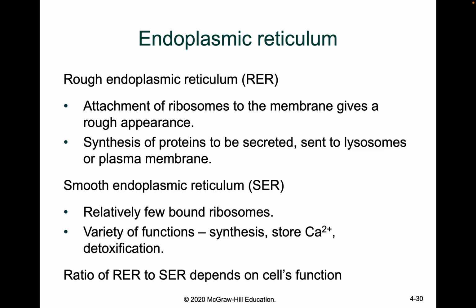But for example, B cells, which are immune cells that produce a lot of antibodies, and antibodies are proteins, need to produce massive amounts of proteins. So they have a much bigger ratio of rough endoplasmic reticulum. Sometimes by looking at how much there is, you can see the cell's function.